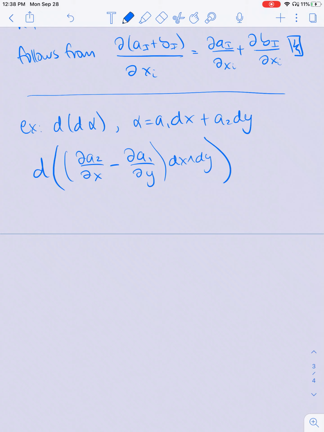So this is d of this function, wedge dx, wedge dy.